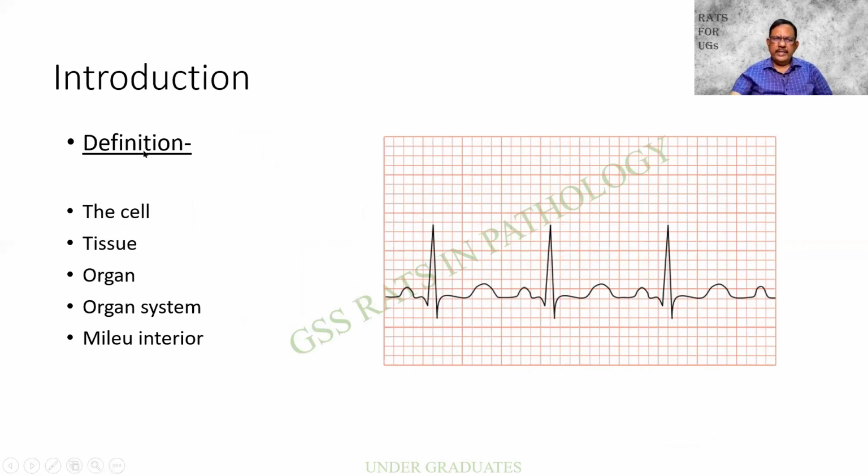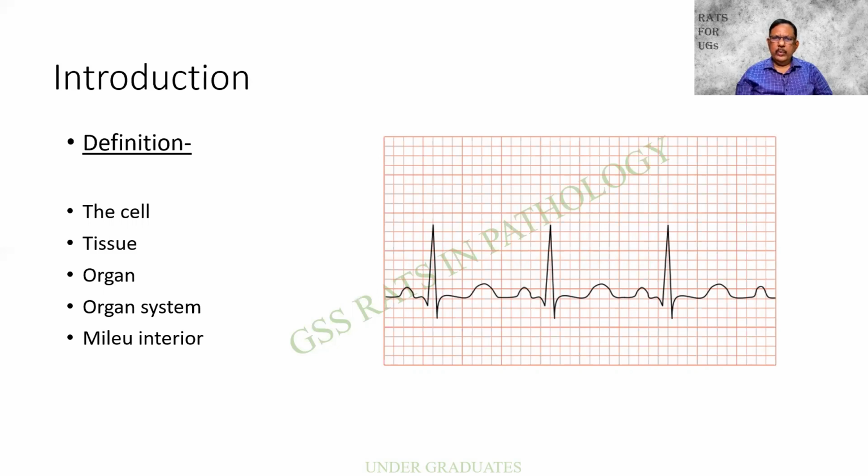What are the definitions? Definitions are definitions. I request you people, please do not have your own words for definitions. The cell, for example, it is the physical and the functional unit of a living body. Tissue is a group of cells which are similar in structure, function, and origin.